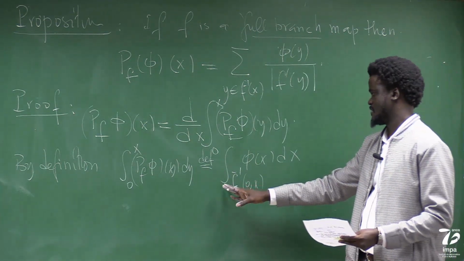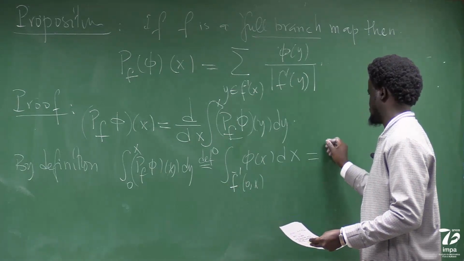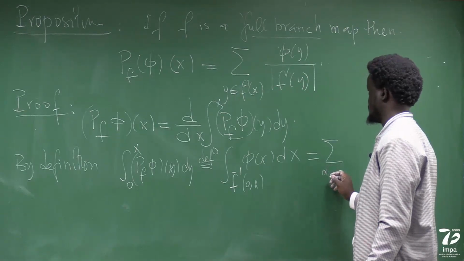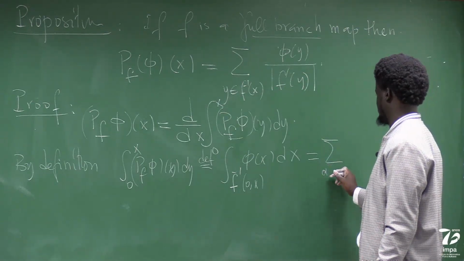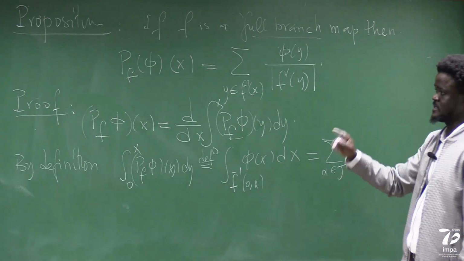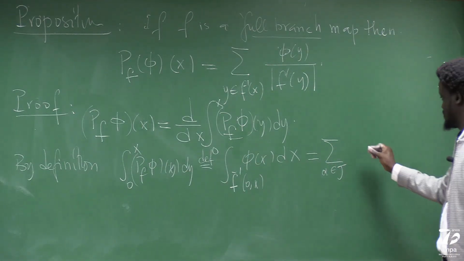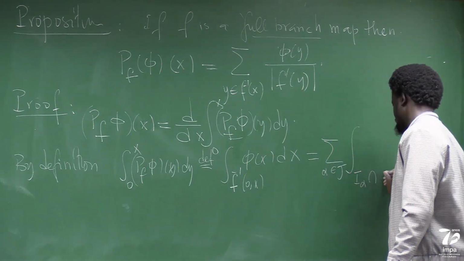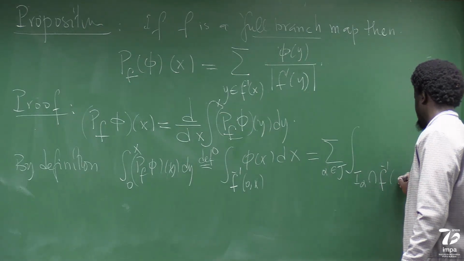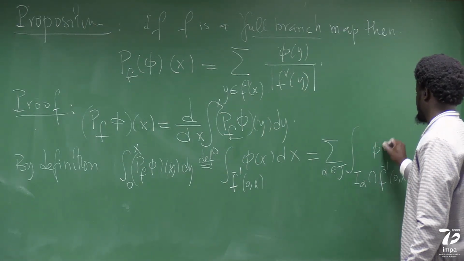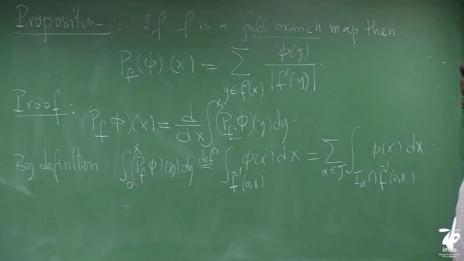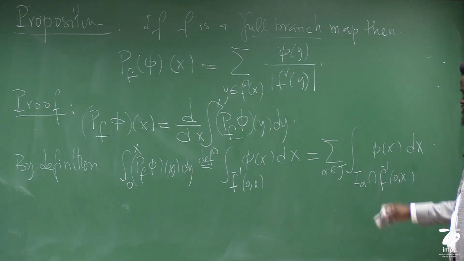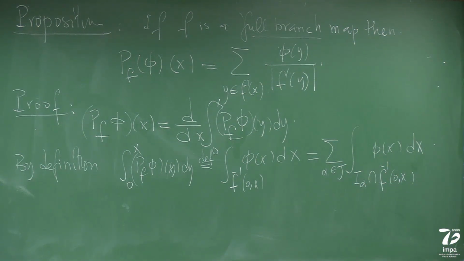So what you have to do now is to write this as the sum over alpha in J, where J is given by the definition of full branch map, of the integral over I alpha intersect F minus 1 of 0 x of phi x dx. These are disjoint, so you can use this property of the integral.